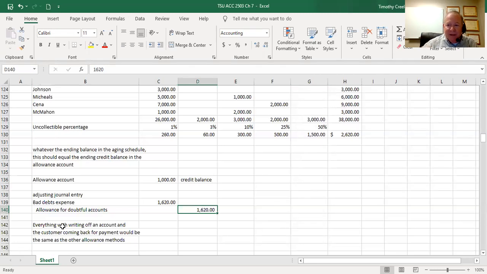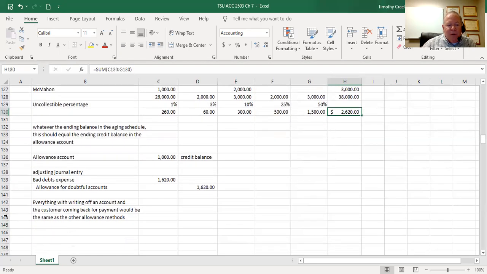If it had a debit balance, then it would be calculated differently as well. But just think of it as calculated the same way as the percentage of accounts receivable. Whatever you get for the total of the aging schedule, this should be the ending credit balance in the allowance account. And whatever balance is in there before this entry, your adjusting entry would be to make that equal the total uncollectible amount from the aging schedule, like you see here.